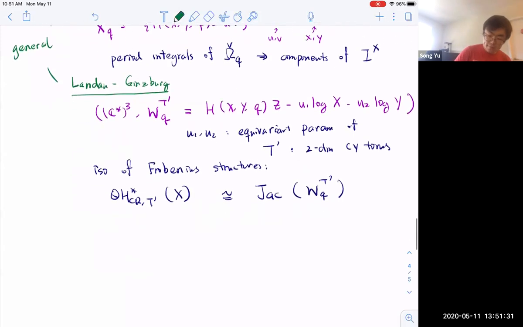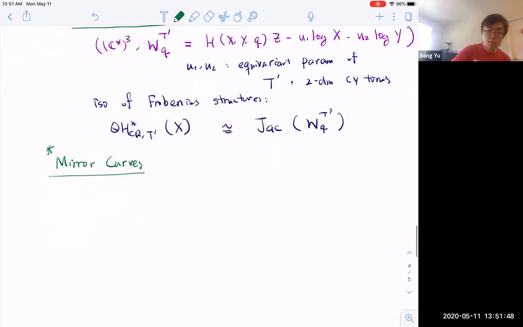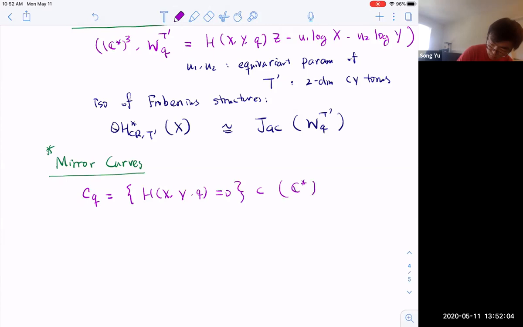But for toric Calabi-Yau 3-folds, we have a particularly nice third family of B models, which we would like to focus on. This is mirror curves. It is a family of affine curves C_q, a hypersurface in (C*)^2 defined by the equation H(x, y; q) = 0.